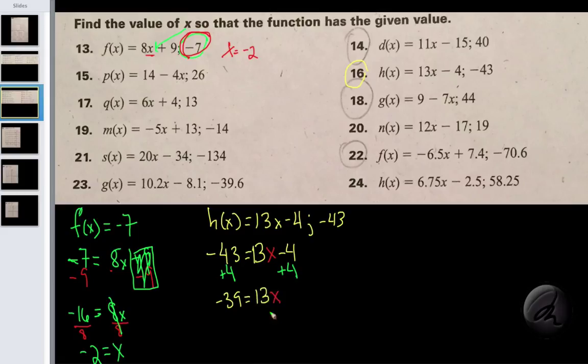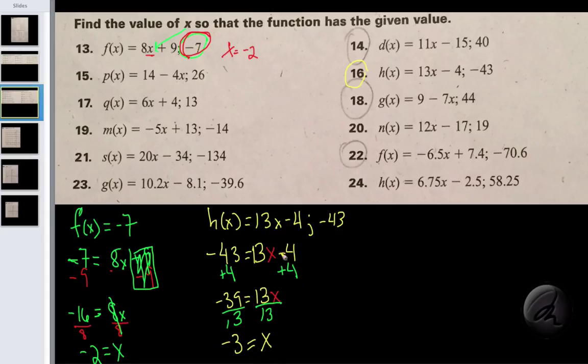Okay, and I need to now get rid of my 13 by dividing. So I divide this by 13, and now my new problem is x equals negative 3, because 39 divided by 13 is 3, and it's a negative.